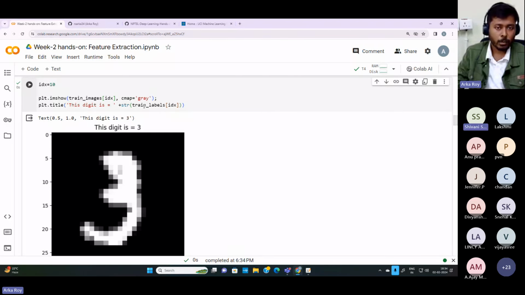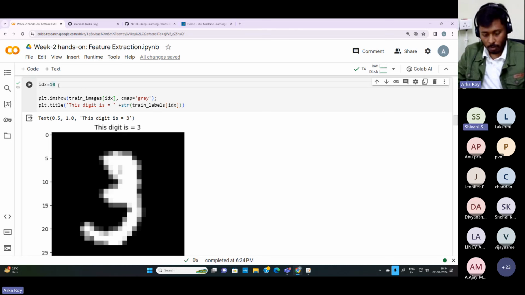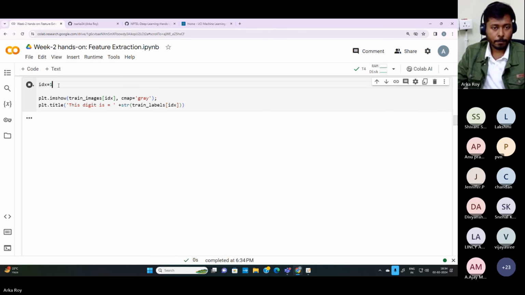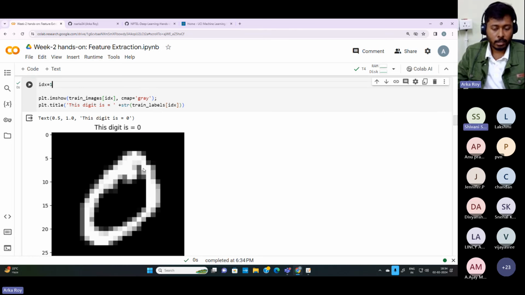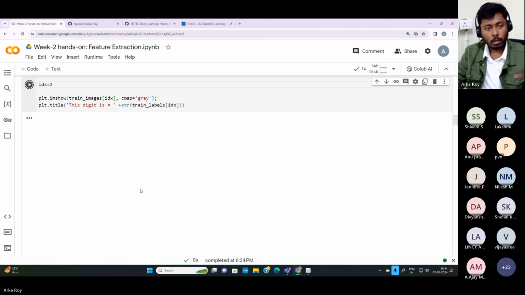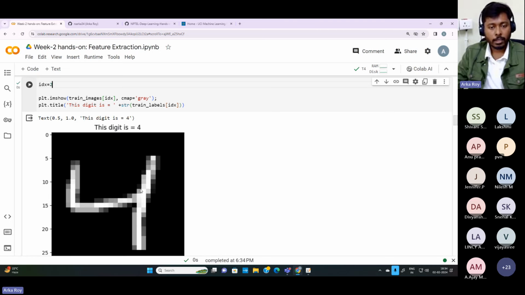That is there in the train label, and because I'm doing the 10th image, I have written the IDX over here also. For example, if I change this one, this is the digit 0, digit 4, like this. In this way, you can explore all the data points that are there in the data set.